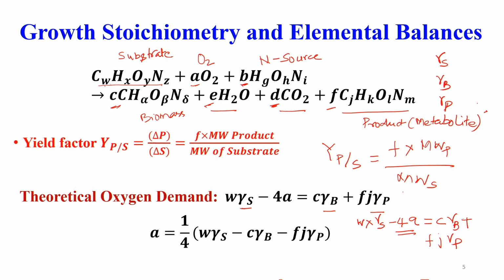If we rearrange it, we get A equals 1 by 4 times (W gamma S minus C gamma B minus F J gamma P). This A is called the theoretical oxygen demand.